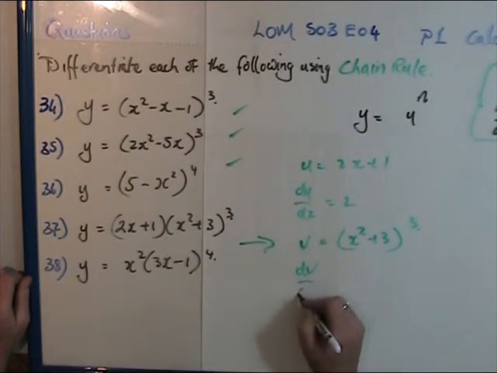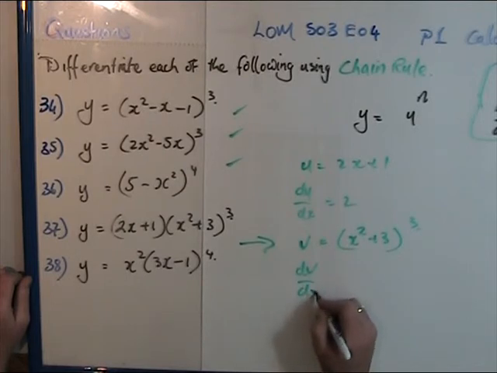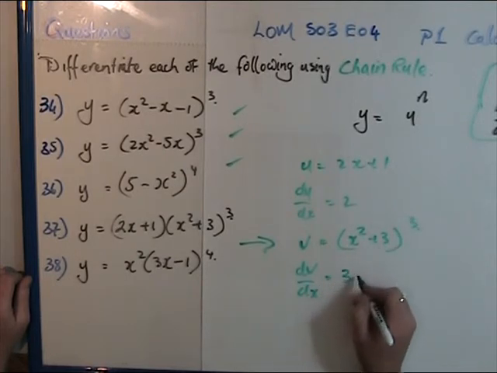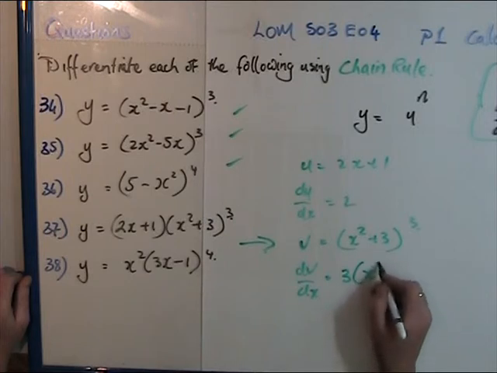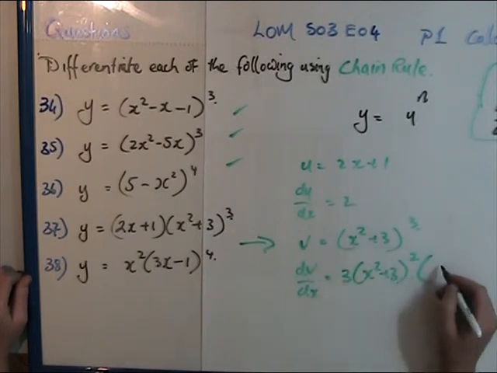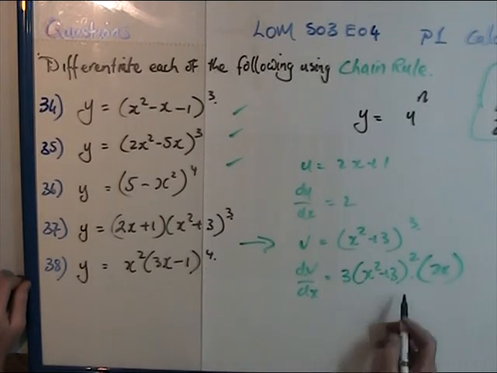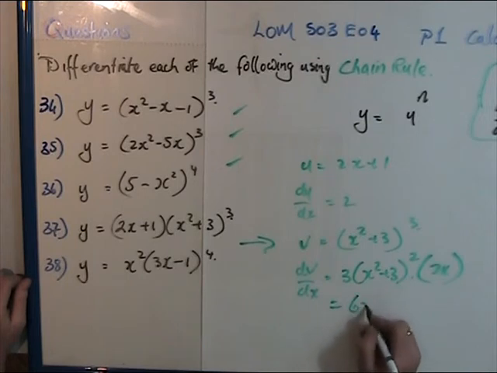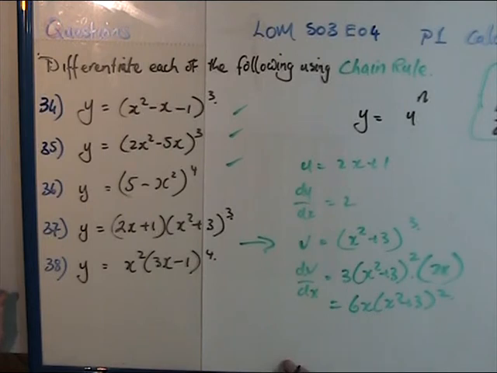We do the chain rule here: you multiply by the power 3 and reduce the power by 1, to power 2, multiplied by the derivative of the inside, which is 2x. And that ends up, cleaned up, as 6x times x squared plus 3 all to the power 2. That's the answer to that one.